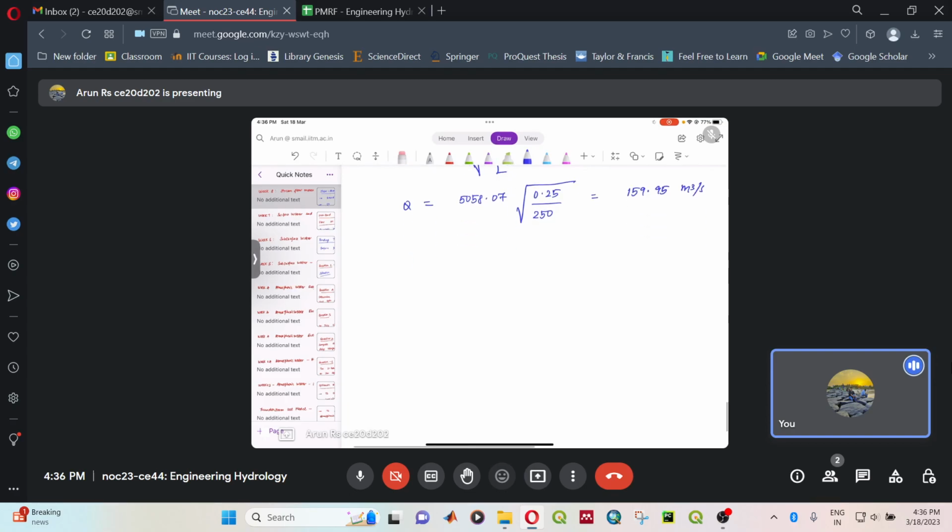Now we have an estimated discharge. So by using the continuity equation, we can determine the velocity at sections 1 and 2. So V1 will be Q by A1, and V2 will be equal to Q divided by A2.